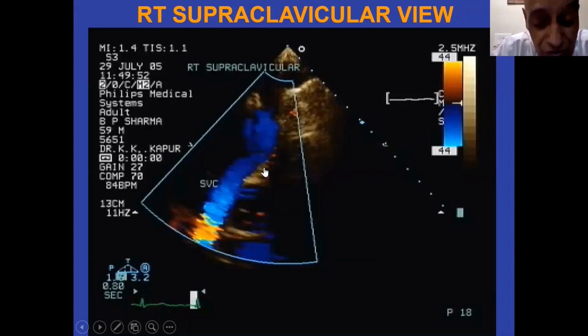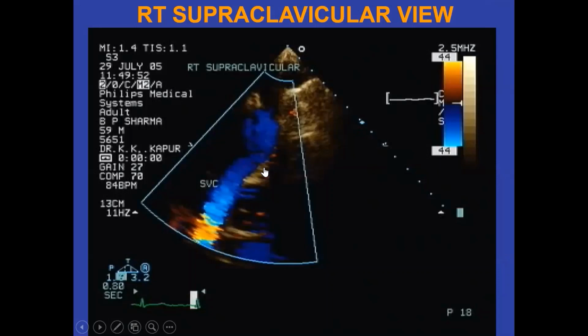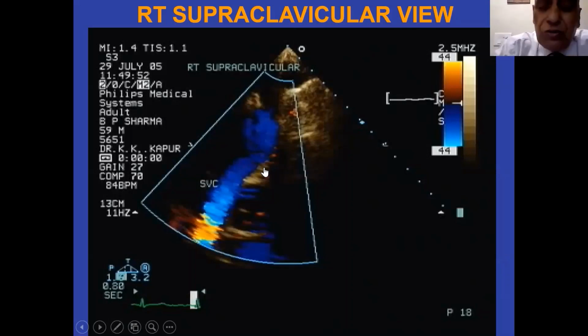Any other question? There's a question from Dr. Inamdar. He's requested you to explain the retroaortic innominate vein. Generally the innominate vein goes superiorly; it can sometimes go inferiorly, and in the pediatric population it can be easily diagnosed.